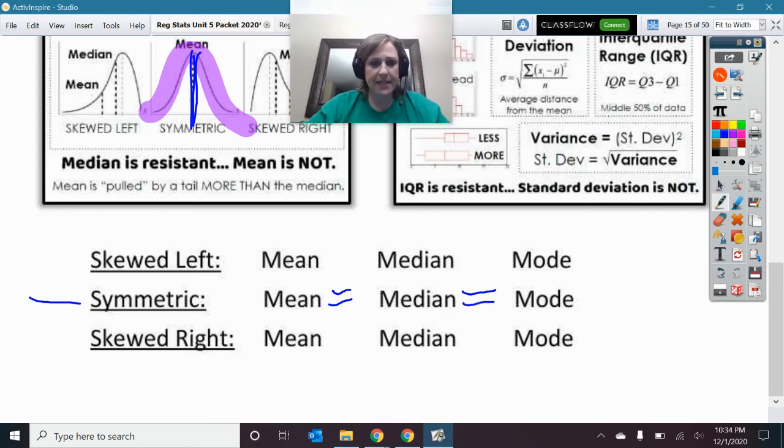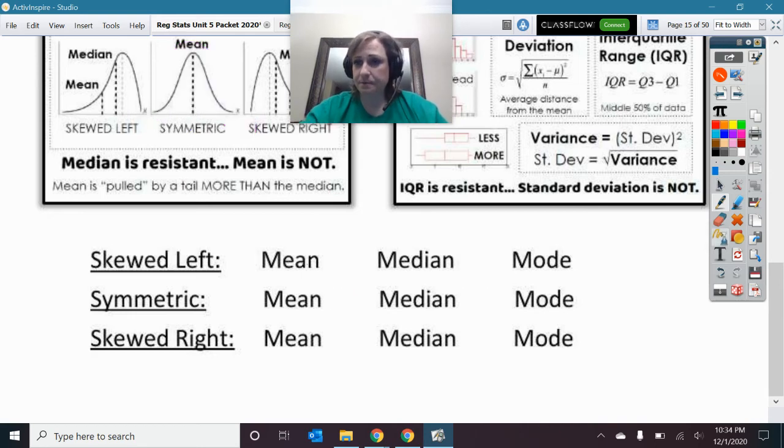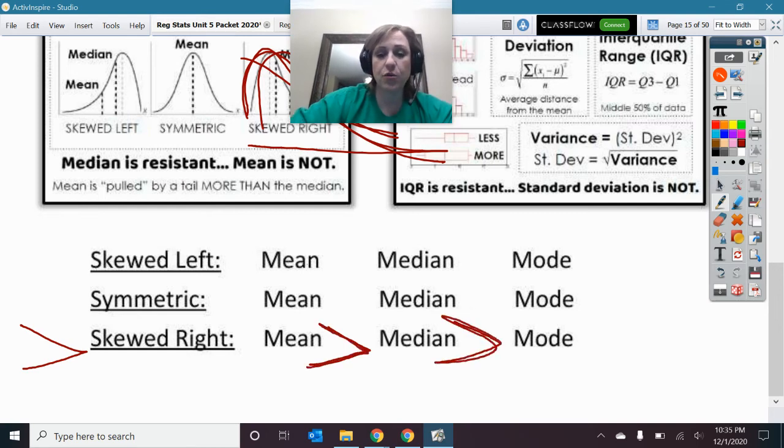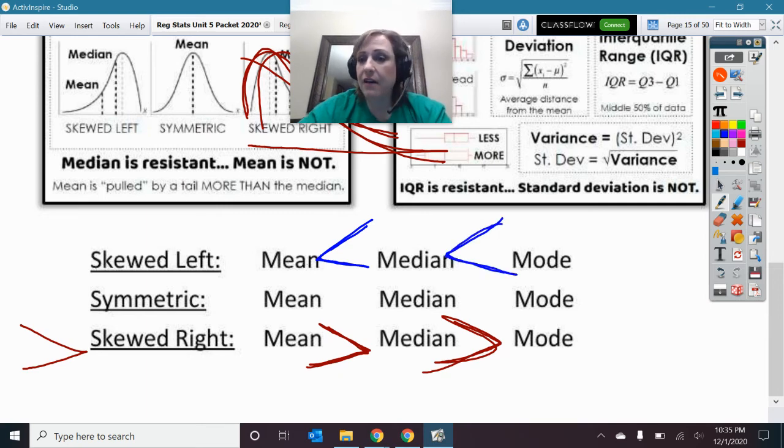The final idea is that if your data is skewed to the right, you're going to point to the right. So our mean is greater than the median, which is greater than the mode. So there you go.